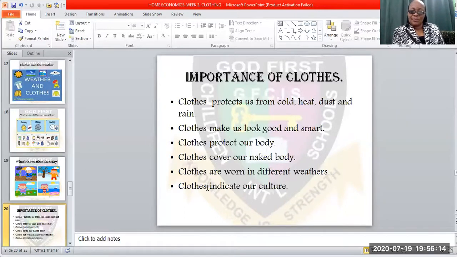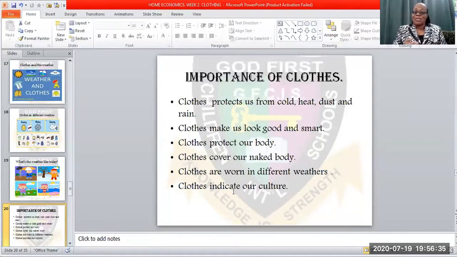Clothes also indicate our culture. We all know that culture is very important in our nation. Our culture and our custom are very important. When we wear clothes to indicate our culture, it looks very beautiful.